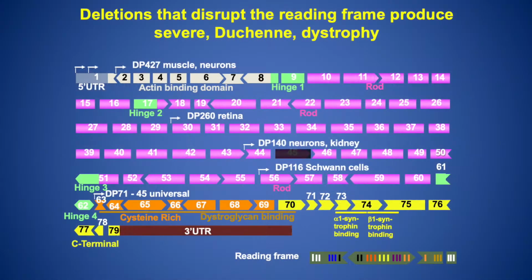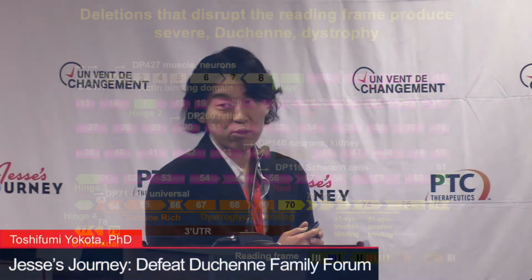So that means if you have, for example, exon 45 deletion, this is a bad mutation. It will likely lead to severe Duchenne muscular dystrophy because exons 45 and 46 don't fit together. The shape is different. So in this picture, this means out of frame mutation. So it's a bad mutation. Okay.